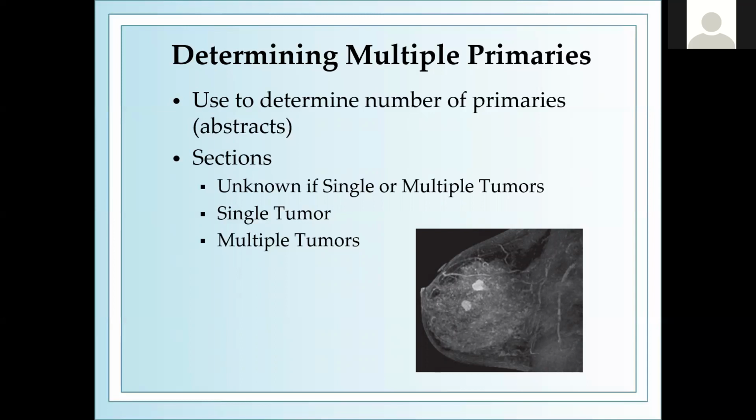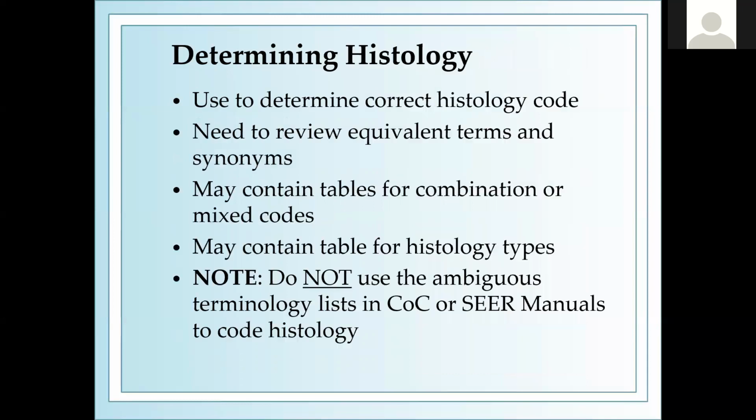All right, so we count the number of tumors that we know are in the primary site, and we go to the section that's applicable to our situation. Make sure you are under the correct section header to determine the correct rule to use. Each section has its own complete set of rules, and we'll look at this in more detail in a few moments.